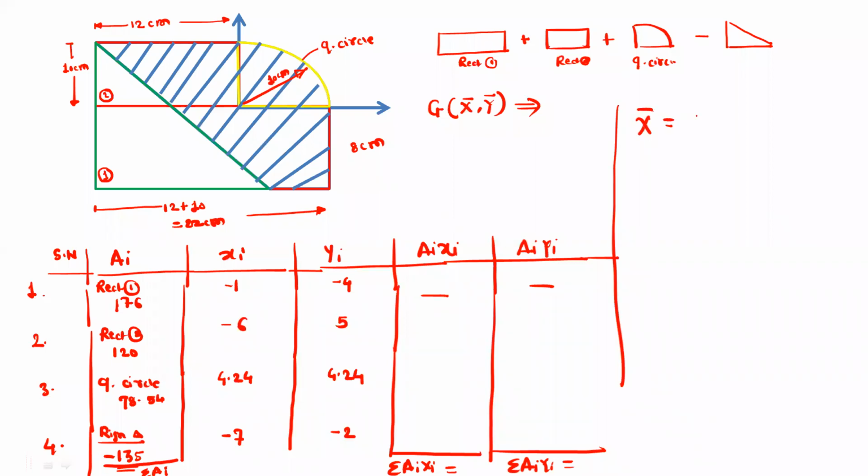So x bar is equal to summation AiXi divided by the summation of the area. And the y coordinate, that is y bar, is equal to summation AiYi divided by the summation of the area. So find out the summation AiXi, summation AiYi, and summation of the area, and then find out x bar and y bar.